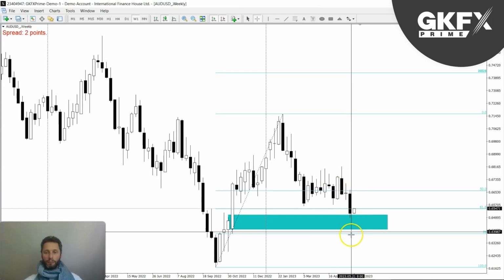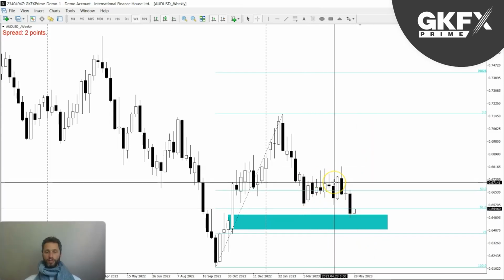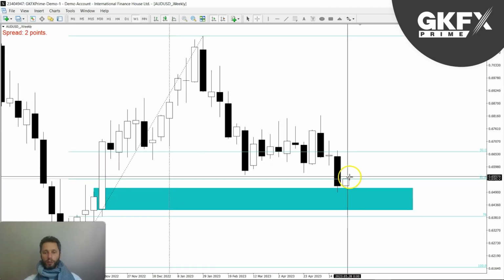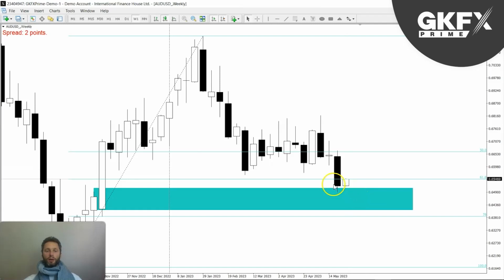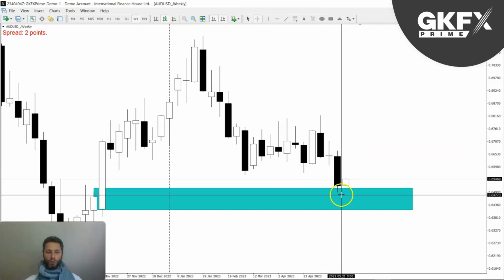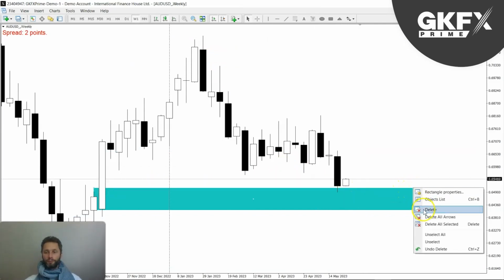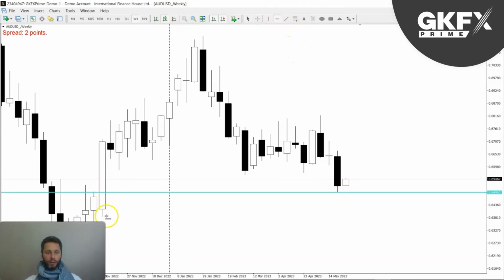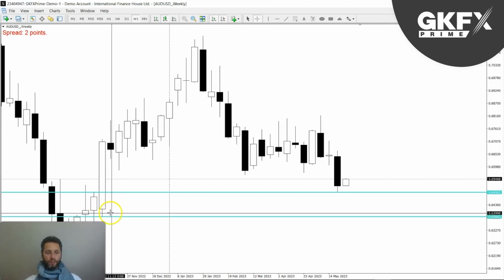So now we've got a big bearish candle broken out of this range, and we headed lower. So what do we expect? Well, there's no reversal yet, so more price action to the downside. And now that we are deep in this retracement, I would not look to go much further. What I've been mostly focused on is, first of all, the low of the week, and then possibly the next obvious swing right here at the bottom.